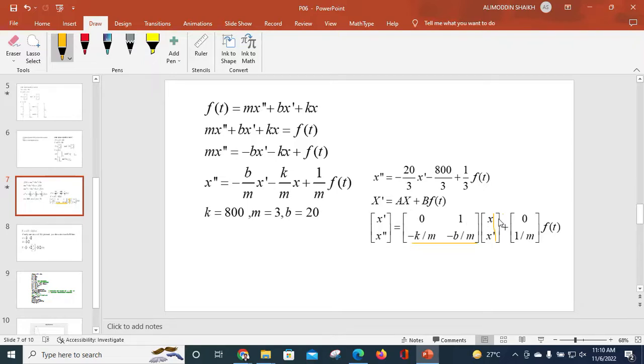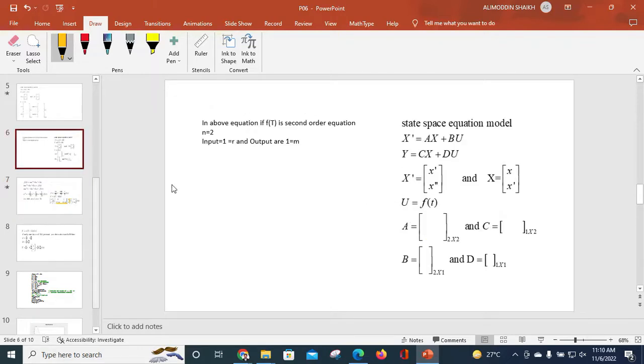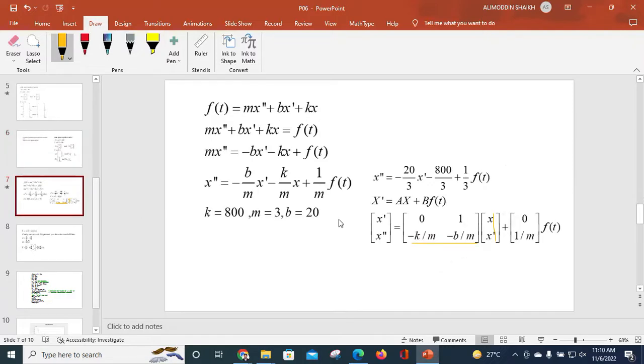This is a 2 by 2 matrix, then x and x dash, plus matrix B. Matrix B is a 2 by 1 matrix, then f of t. Now see here, we have to complete this equation.